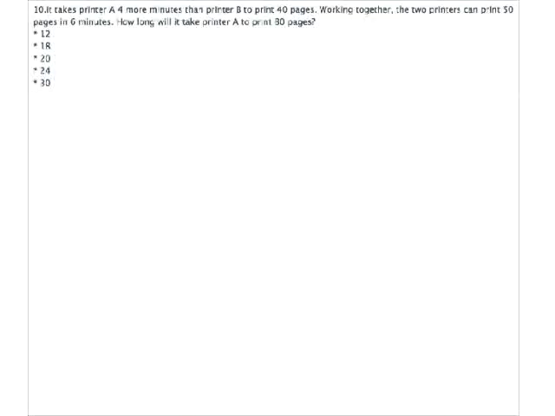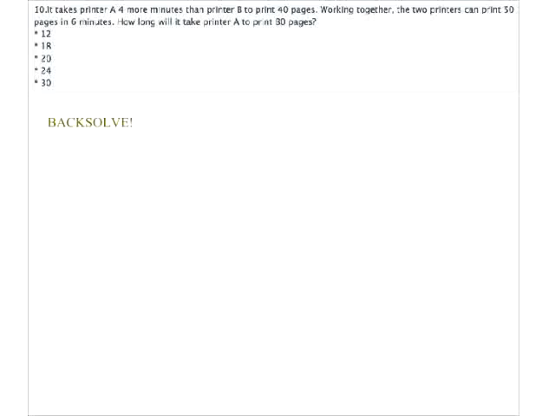Does anybody know how we could do this without algebra? You can't do the third grade method here because you don't have given rates. But what can you do as a backup method? You can use the answer choices. You can't assume a rate value, because then you're probably going to assume the wrong value. Let's back solve.